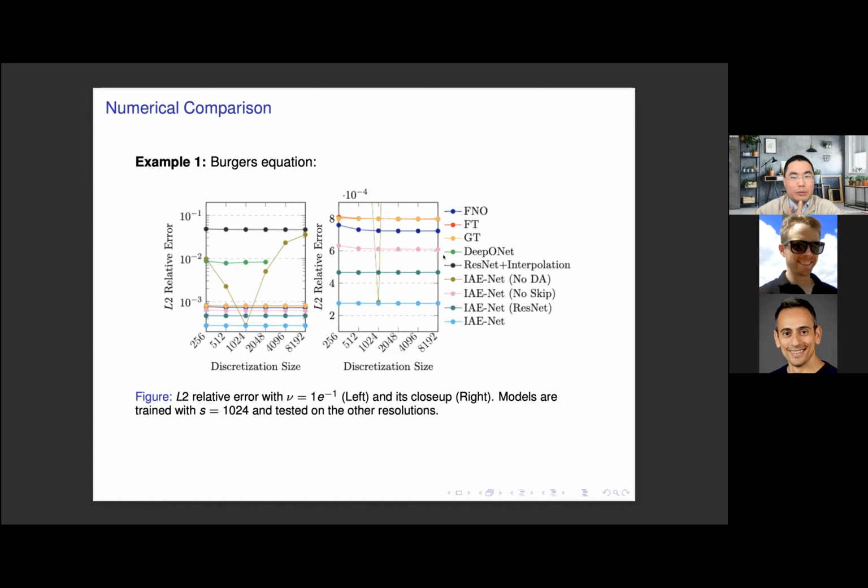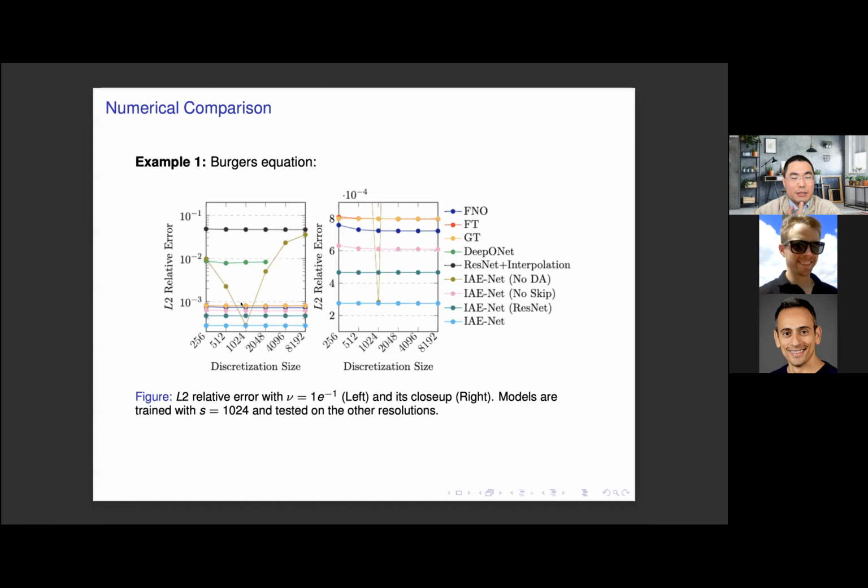According to the figure here, we use a grid size like 1024 to train FNO, FT, GT, the ResNet and all the IAE-Net. And then we test them using other grid sizes. For the deep neural net, we have to repeat the training because it is not discretization invariant in the input.